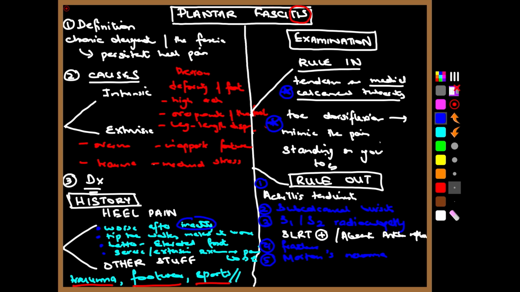So though it would be very different from the heel pain, if you palpate the space in between the second and third metatarsal and the space in between the third and fourth metatarsal, and there's pain there on examination, you'd want to think less of plantar fasciitis and more of Morton's neuroma.